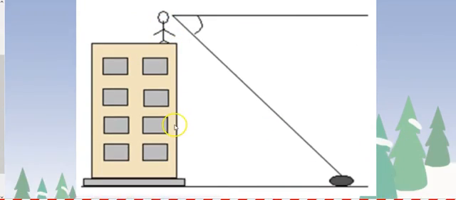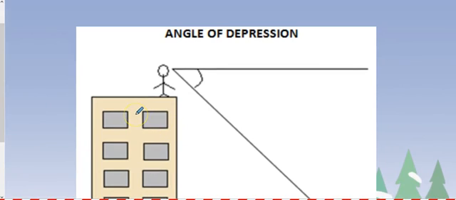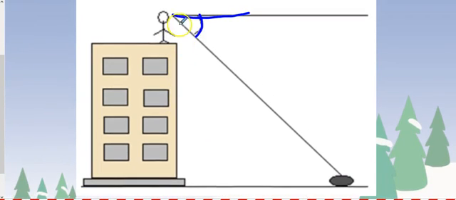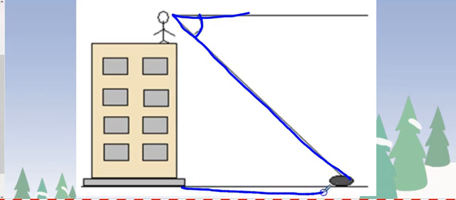Okay, for our angle of depression. Now depression really means that you're looking down. So it's really this angle here at the top. But notice that our line of sight and the rock at the bottom create that Z that we talked about that is always there if we have parallel lines.